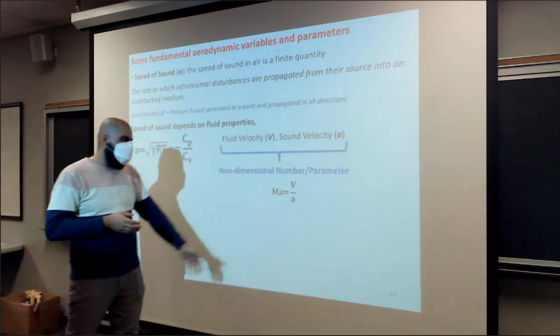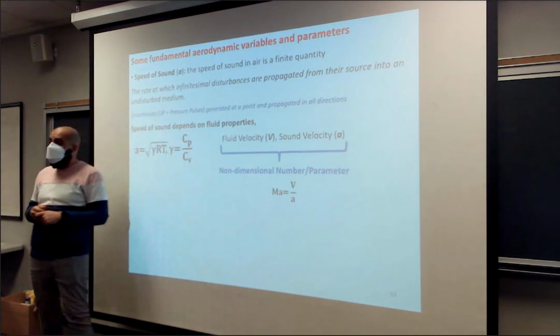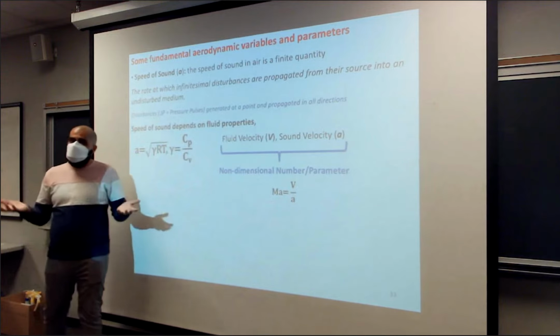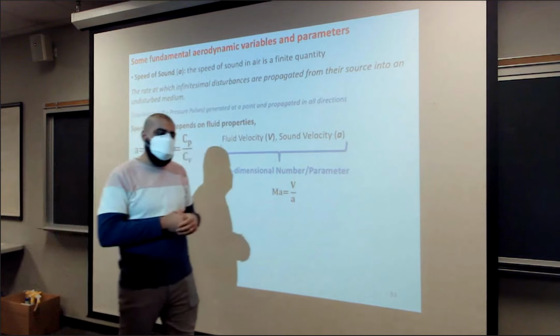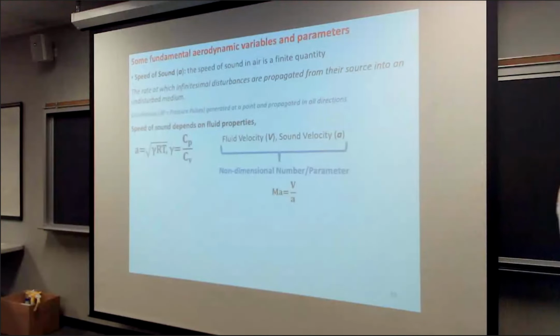So Mach number equal to 1 means that your flow is sonic, because the flight velocity is the same as the speed of sound. Lower than the speed of sound is going to be subsonic, and Mach numbers higher than 1 are going to be supersonic.